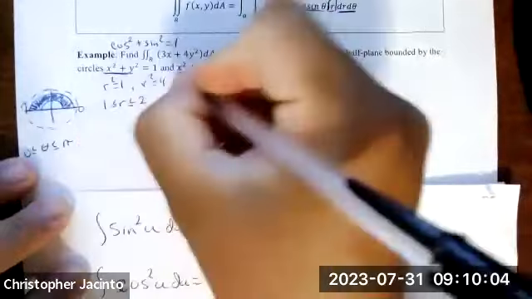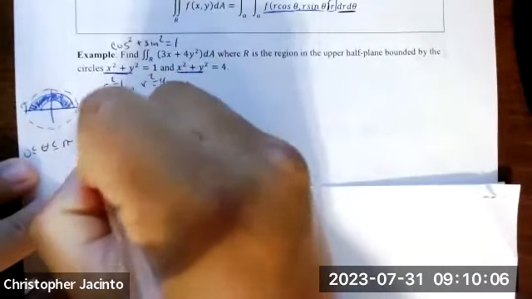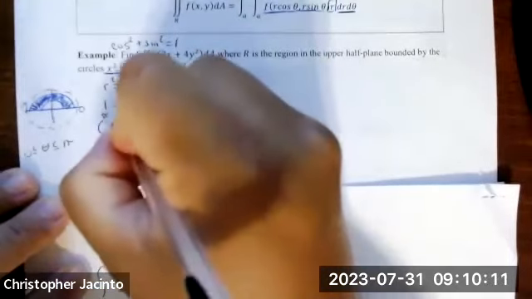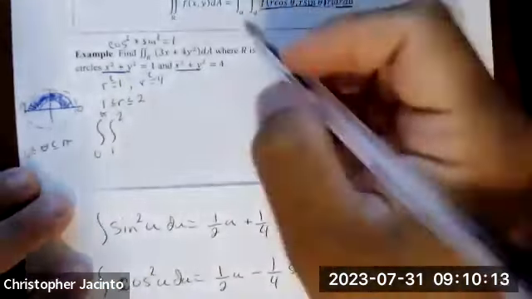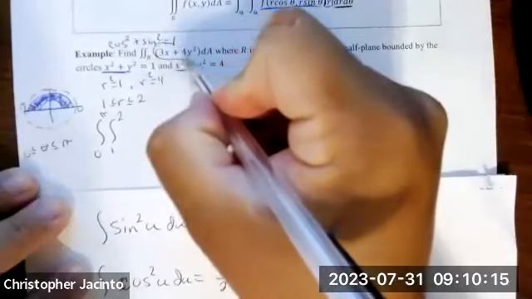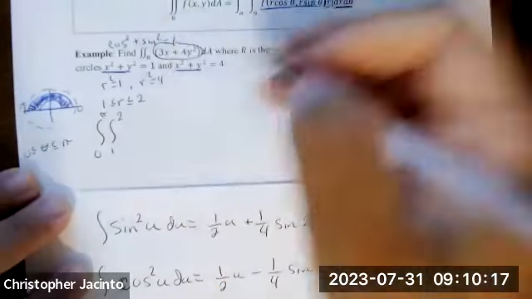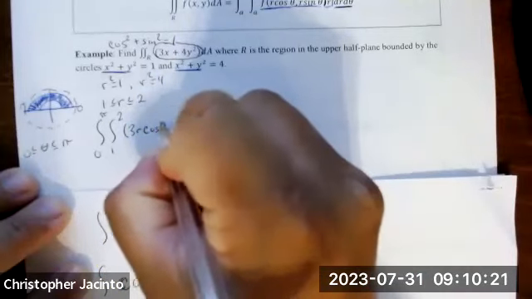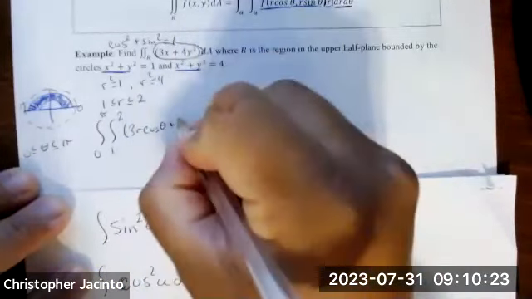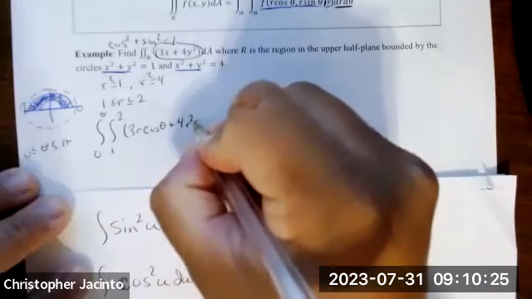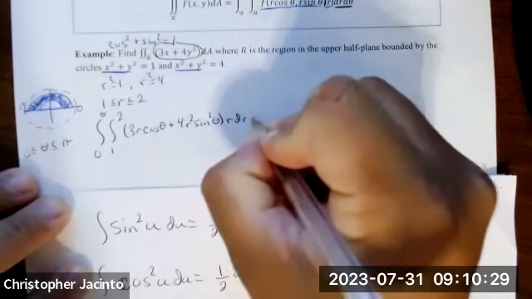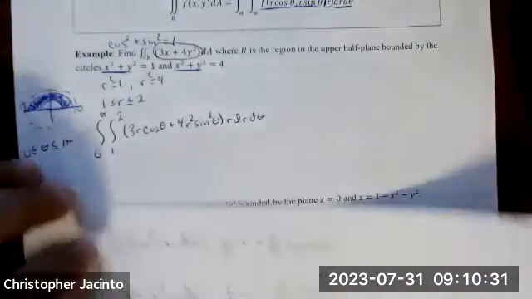So this is going to be the double integral from 0 to pi of theta, and then from r to 2 of r. And I'm going to convert all of this using polar coordinates. So it'll be 3r cosine theta plus 4r squared sine squared theta times r, dr d theta.